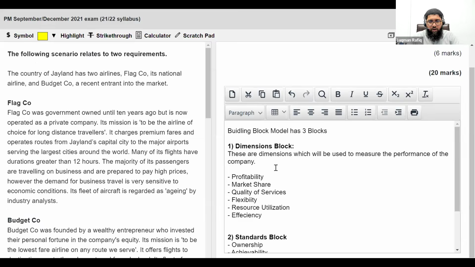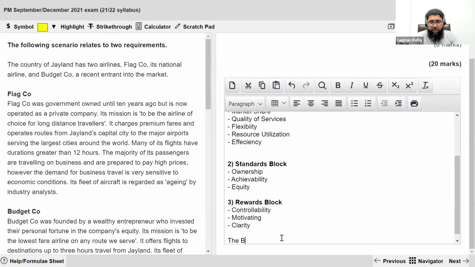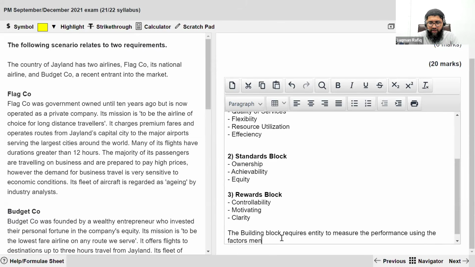So now, what would happen is that the building block model requires the entity to measure performance using the factors mentioned in the dimensions block.